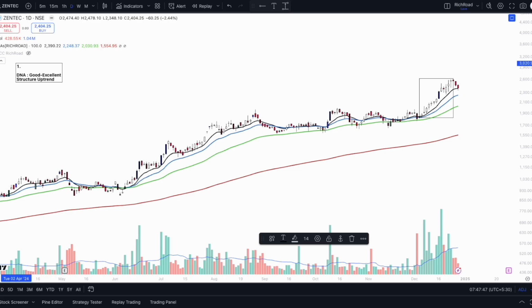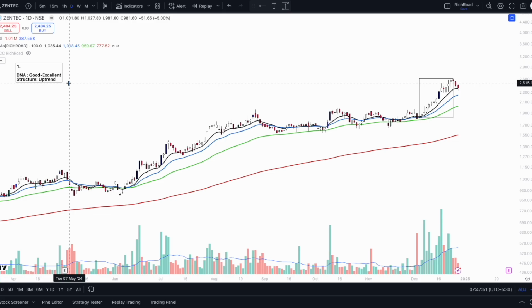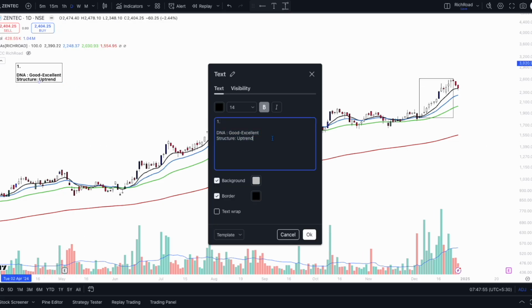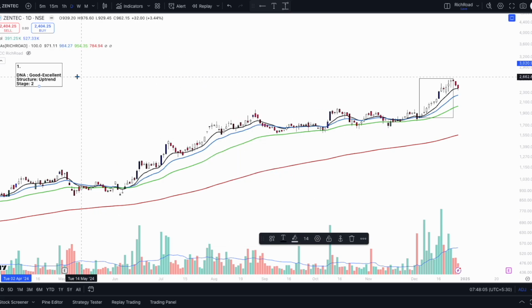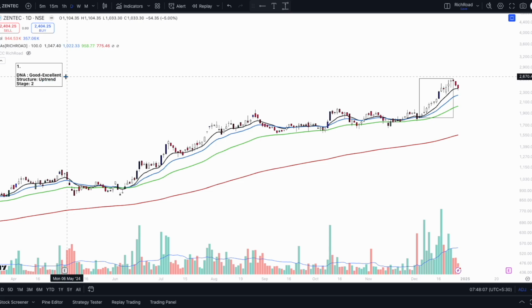We are clear on that. There is no range or anything as such. So the structure is good. And if I talk about the stages, the stage is stage number 2. That's very clear as per the moving average and how things are lined up. So this is the basic.